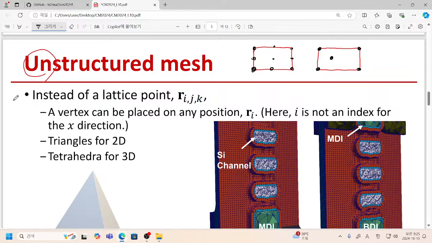Let's say that now we have 5 points only. Then please imagine the domain out of these 5 points. What will be the domain we can have out of these 5 points? Of course, since we are working with this rectangular one, the first one we can say is that rectangular one.